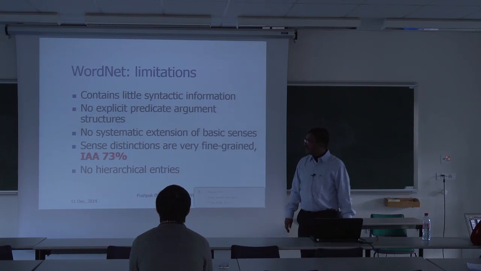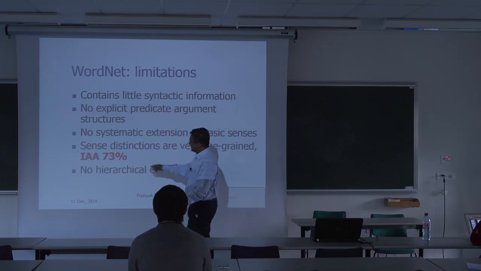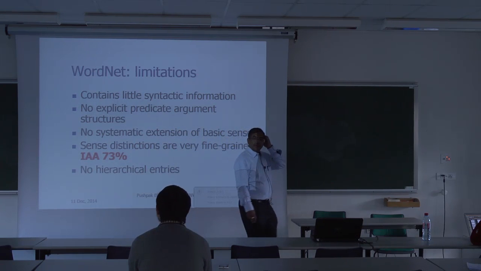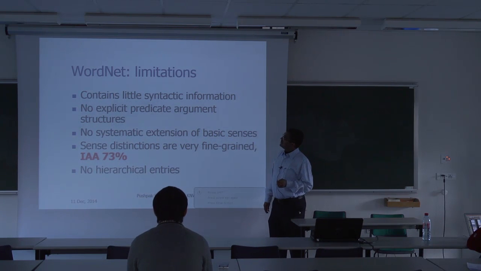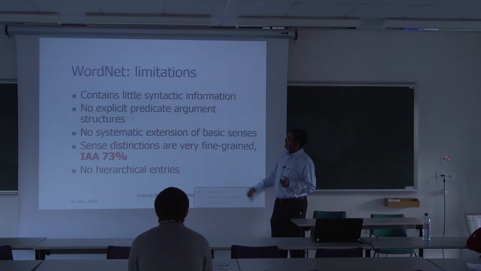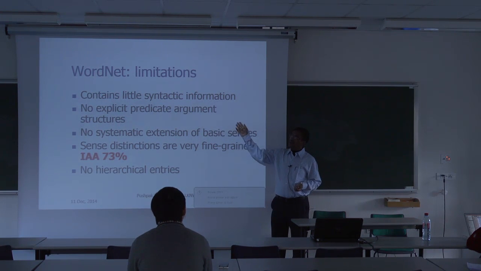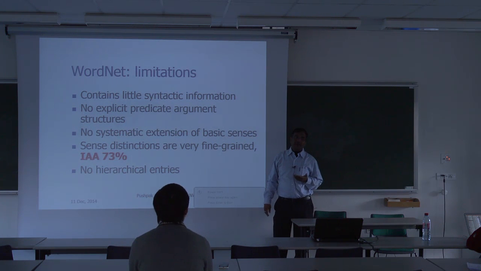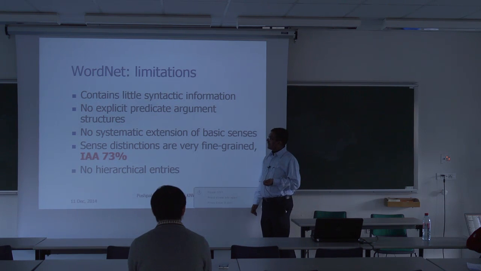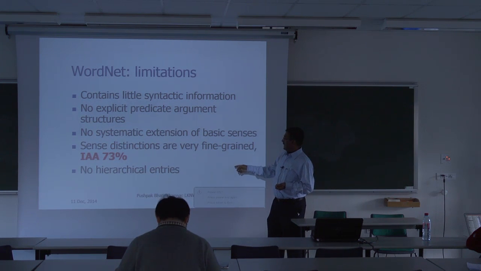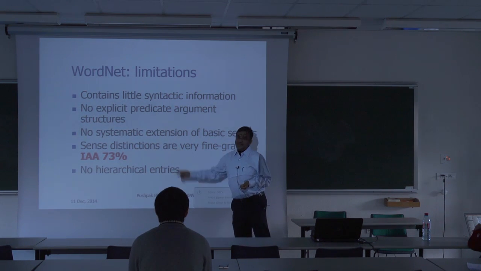Now, an important point here is this 73%. WordNet contains very little syntactic information, as you pointed out just now: rely on, swear by, those things are not explicitly captured in the synsets. And then sense distinctions are very fine grained.